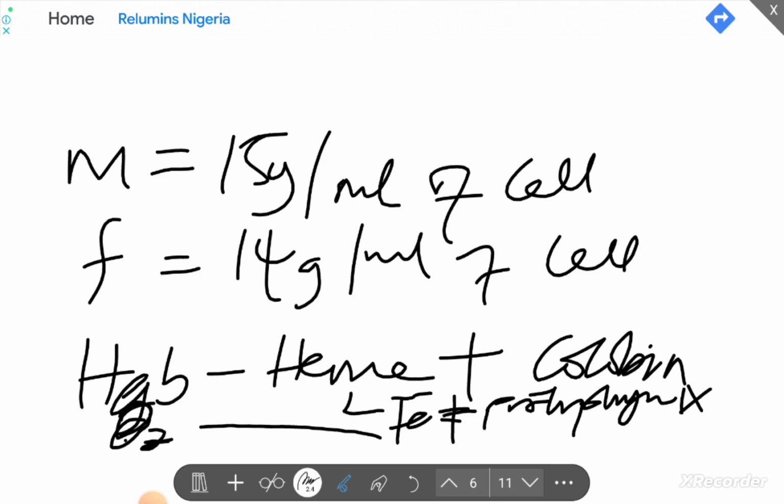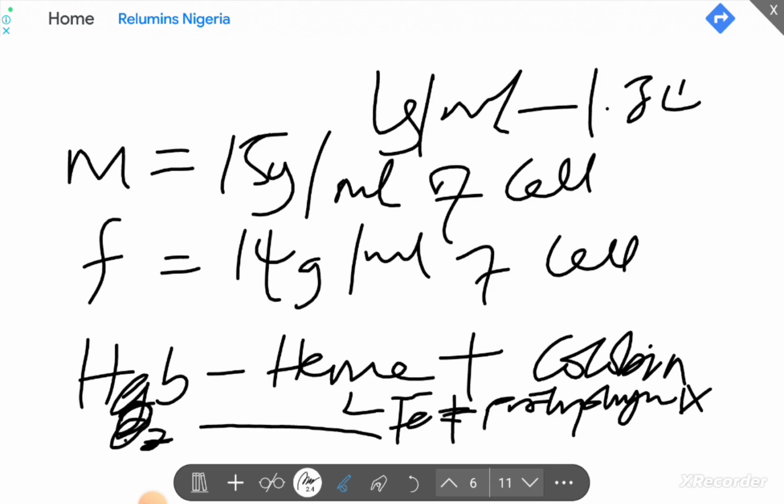For every 1 gram of hemoglobin per milliliter of red blood cell, the amount of oxygen obtainable is about 1.34 milliliter.